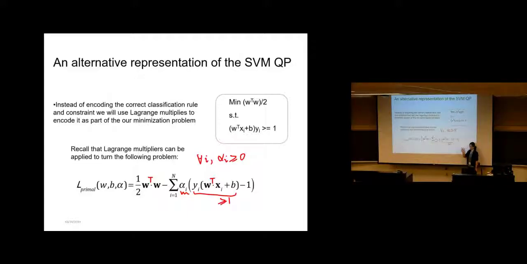We haven't talked about it, but there's actually a parameter here called C that controls how much you care about misclassification versus how much you care about the margin. That's exactly what the C parameter controls, and that is next class. This is just the basic form because there are already so many concepts added.